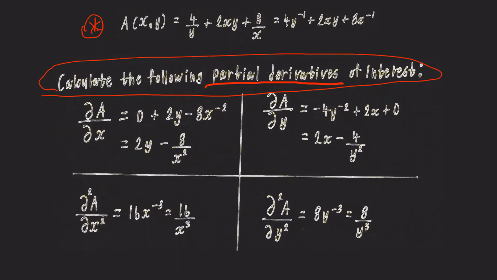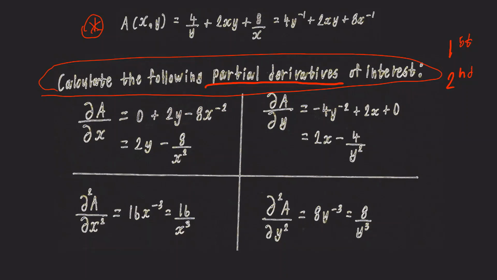Actually, all of these will be relevant. We are calculating all the first and second order partial derivatives. There isn't just one of them, as in for full derivatives, of course, there's just one first order derivative and one second derivative. But for partial derivatives, there are more options, and we'll get to that shortly.